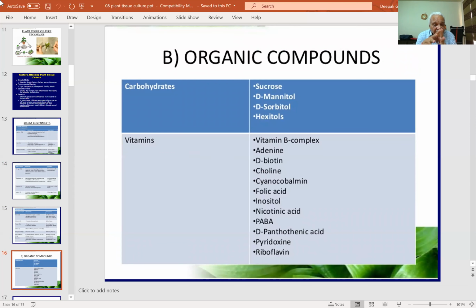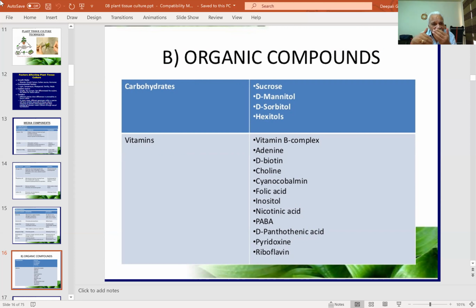Okay. In addition to this, they should have a source of carbon because the cells in culture don't photosynthesize, they can't make carbohydrates, so they have to have a source of carbon. Predominantly, what is used is sucrose as the carbon source.